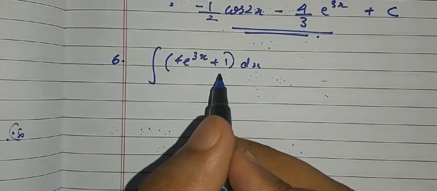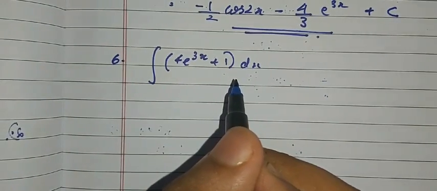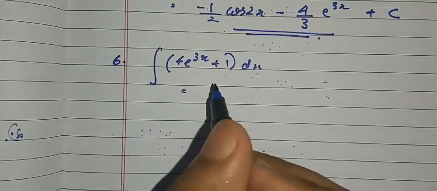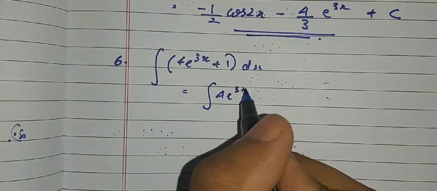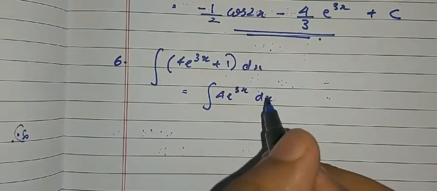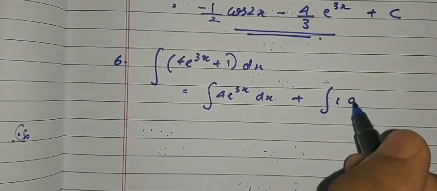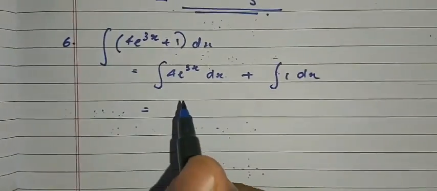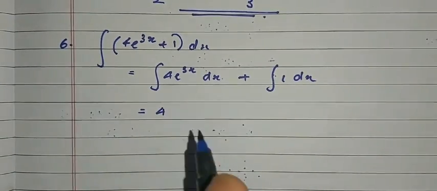According to the rules of integration, we can split this and write it as addition by parts. If I write it like this, the integral of 4 e raised to 3x dx plus the integral of 1 dx. Now 4 is a constant, so it can be taken out of the integral sign.